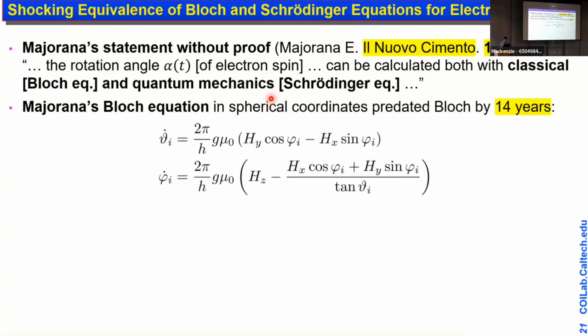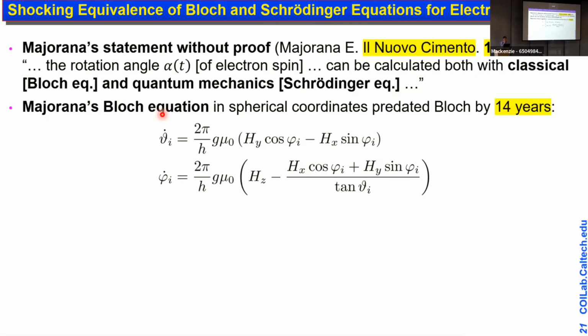Now, at the time, the Bloch equation did not exist, but he actually wrote down this equation. He did not name it as any equation, he just called them classical equations. But it turned out this is the spherical coordinate form of the Bloch equation. I'm pretty sure Bloch didn't know this paper, right?